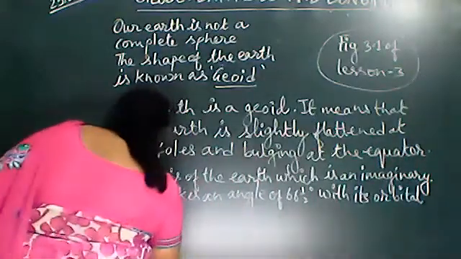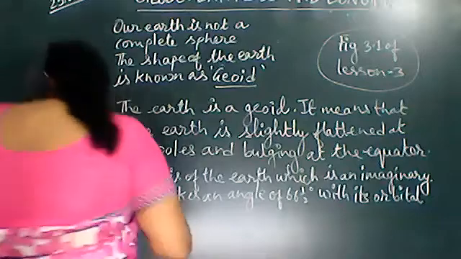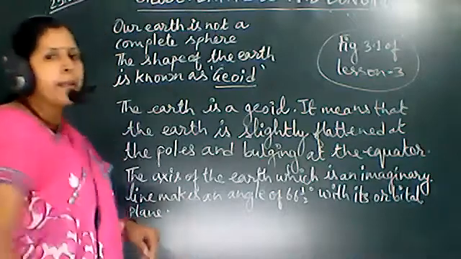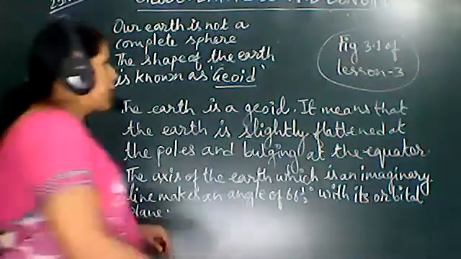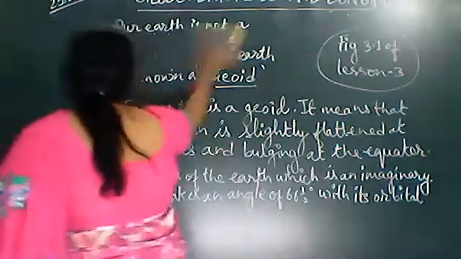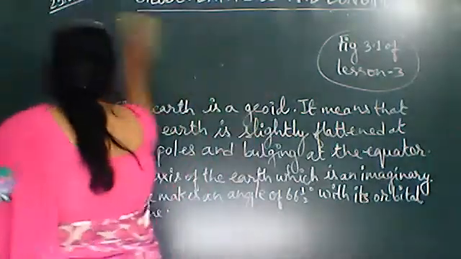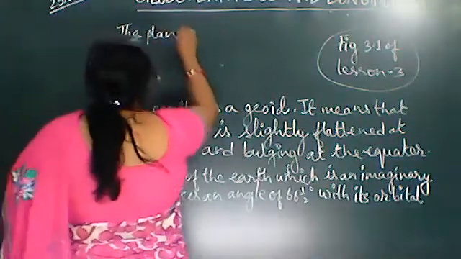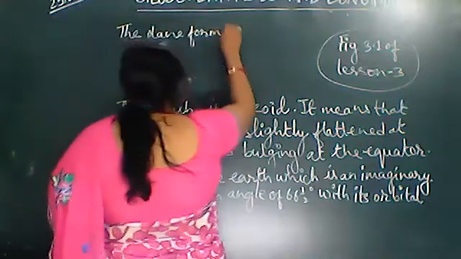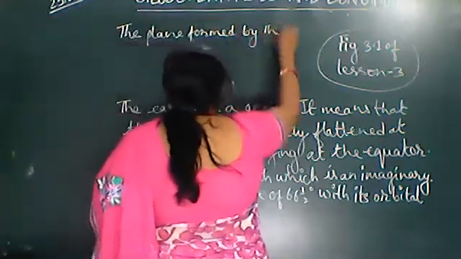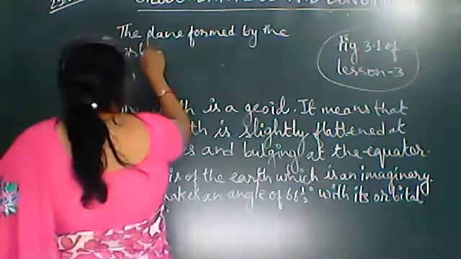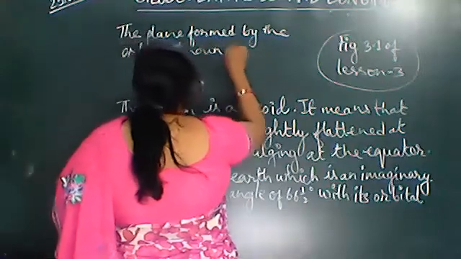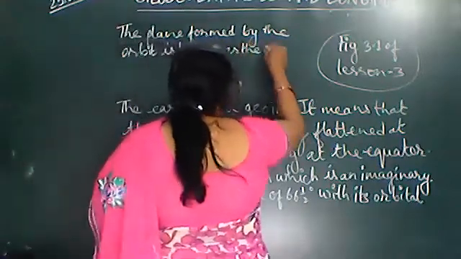The plane formed by the orbit is known as the orbital plane. Now what is this orbital plane? The plane formed by the orbit is known as the orbital plane.